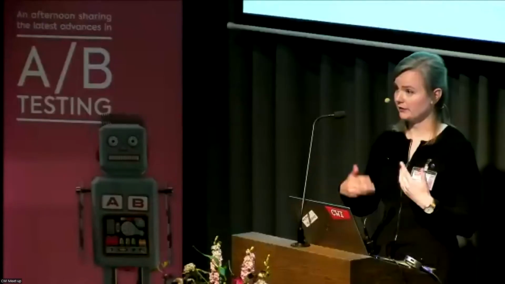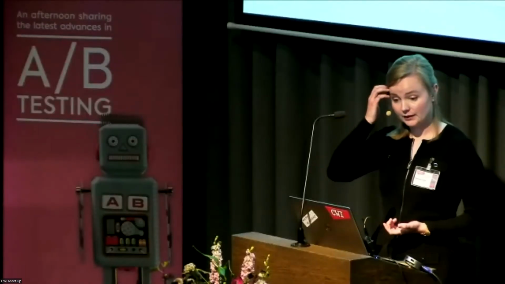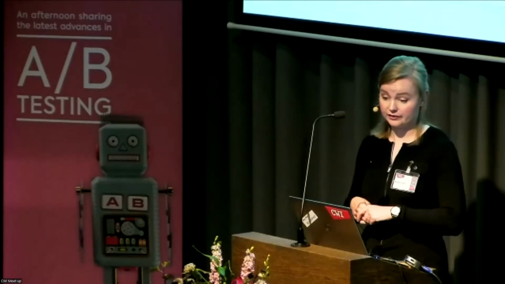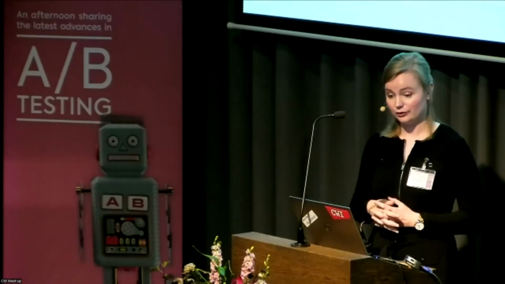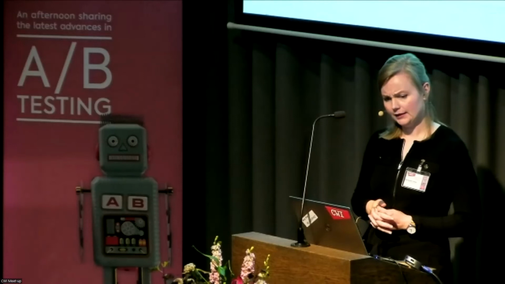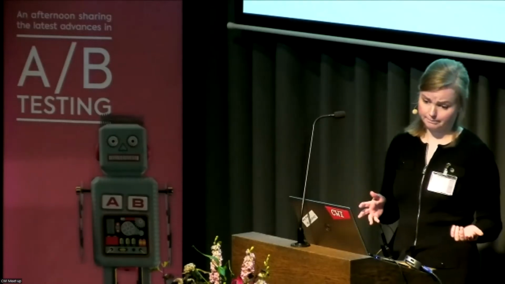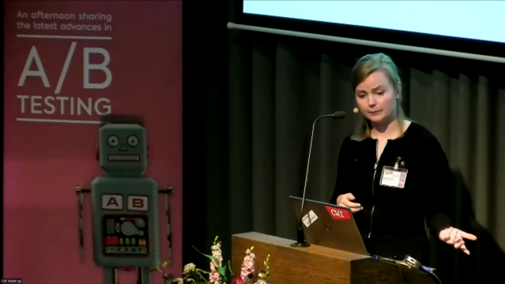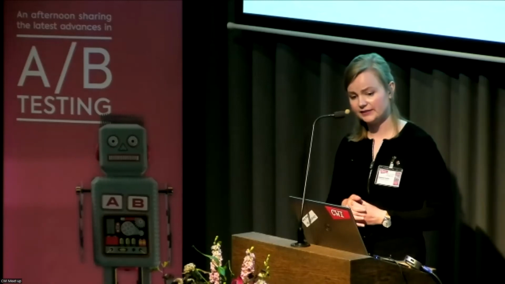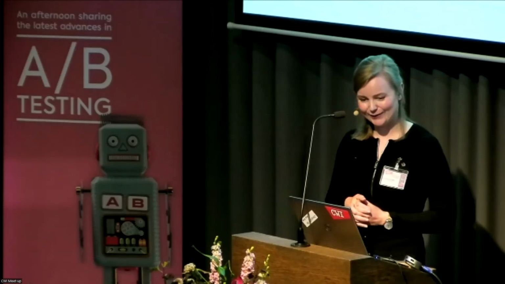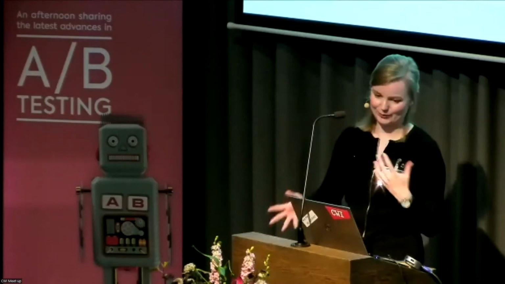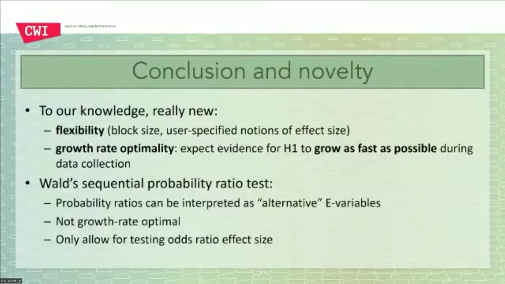So we expect our evidence for the alternative hypothesis to grow as fast as possible during data collection. So this is quite nice. Something that already existed, for example, Wald's sequential probability ratio test, interestingly also turns out to be interpretable as some kind of alternative E process or E variables.